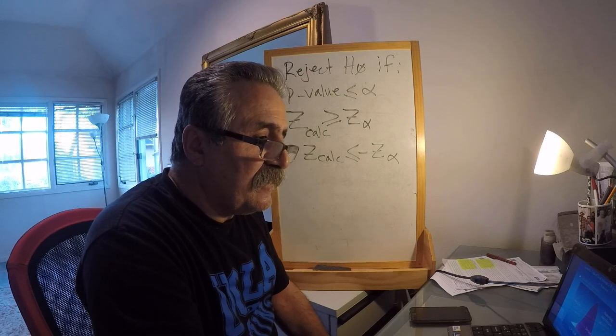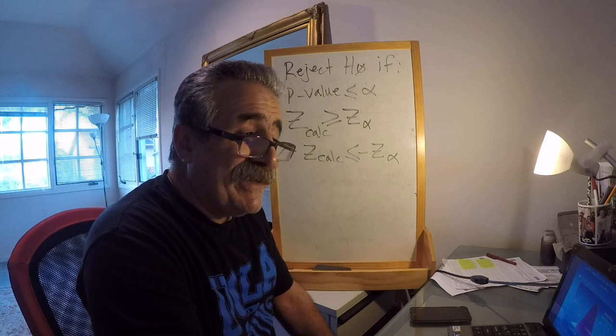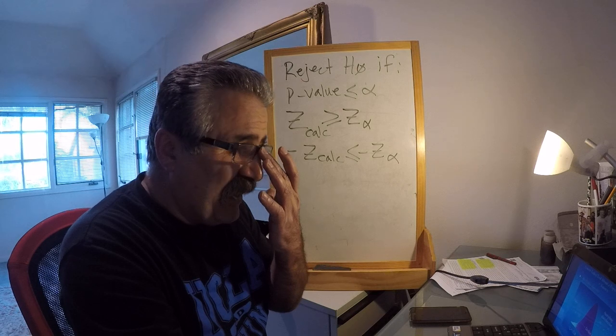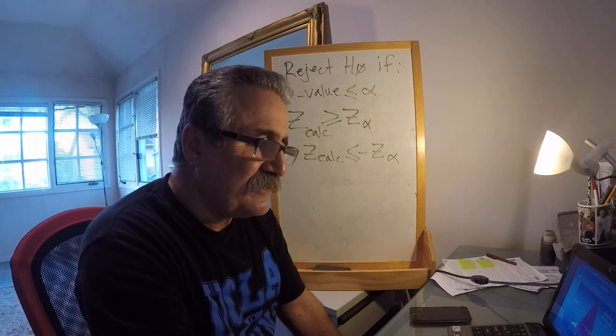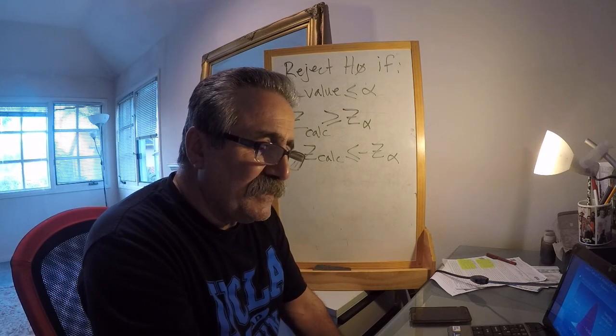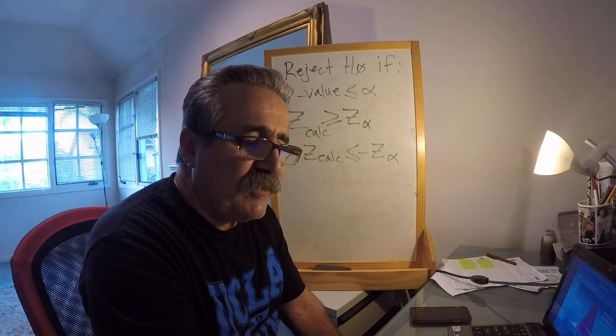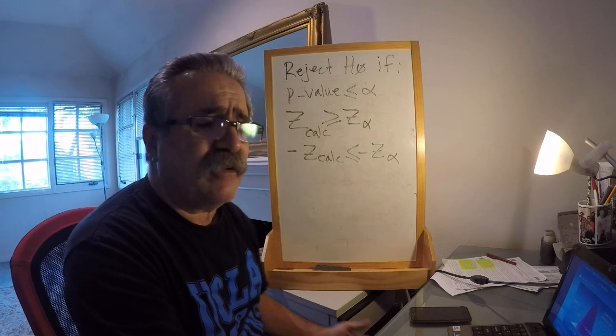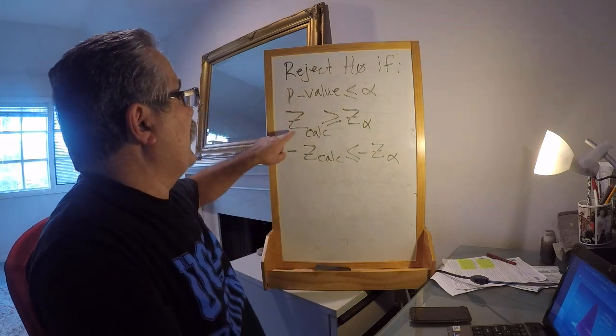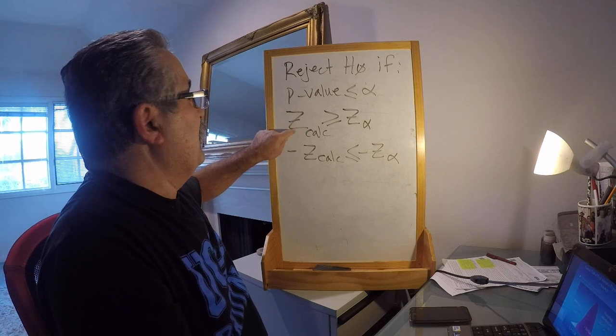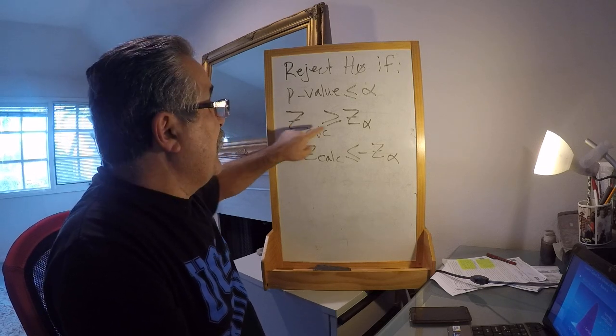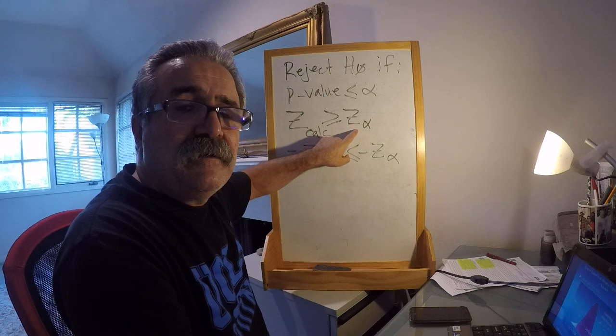And then on slide number 19, they have the critical value approach. In the critical value approach, they calculate the z, and they compare that against the z of the given alpha.